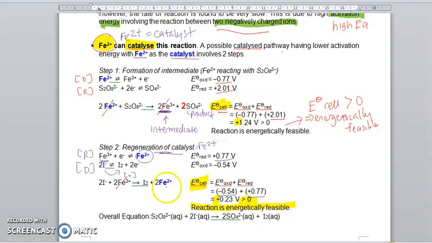And the catalyst will also cancel out because it's reformed at the end of the reaction. So you are left with 2I- plus this to give us sulfate and iodine. Normally, we will write the Fe2+ on top of the arrow here to show that it's a catalyst. It's a homogeneous catalyst because Fe2+ aqueous is in the same aqueous phase as your reactants.